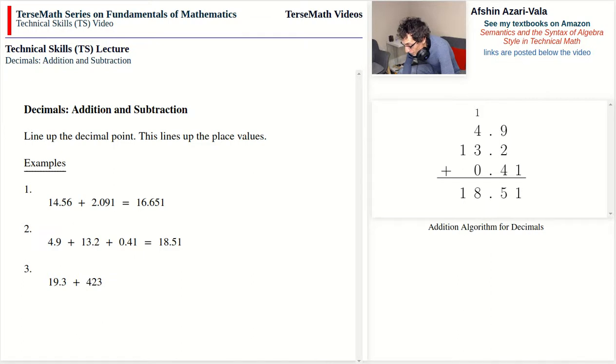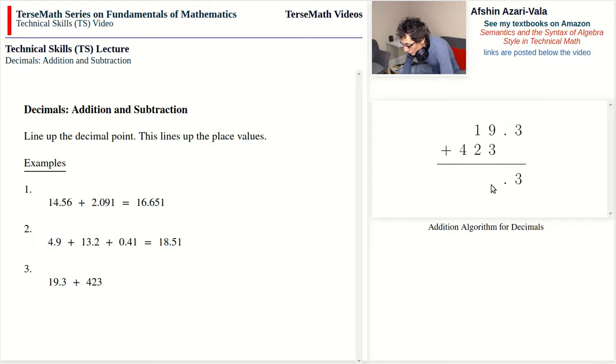Okay, so to line up the digits properly, we notice that there is a decimal point here where I'm pointing right now, and therefore we line up the decimal points in that way. And now we start adding. 3 comes down, and then the decimal point is moved down. Following this, we add the digits in the ones to get 12.